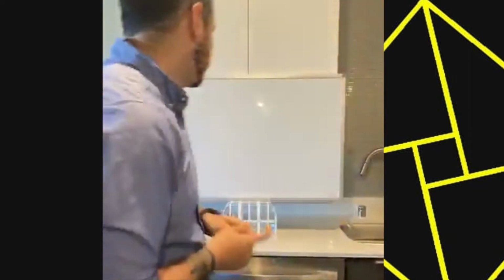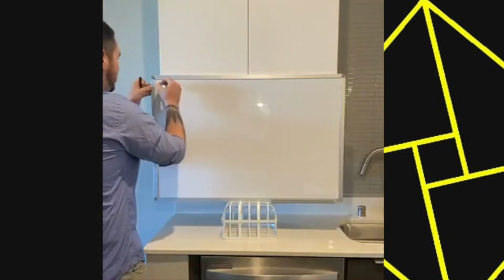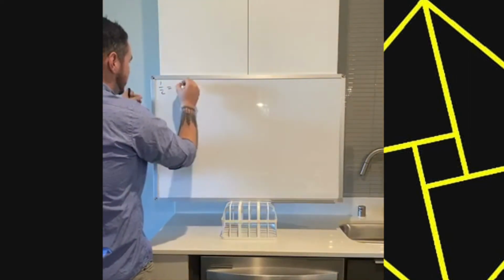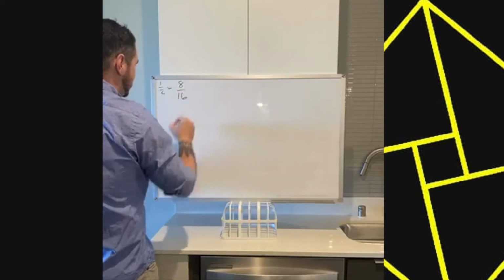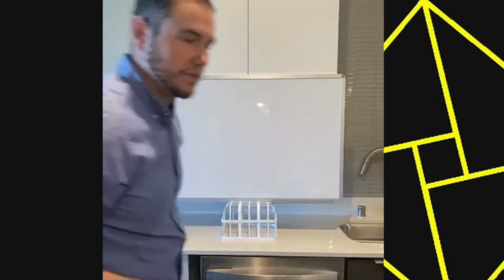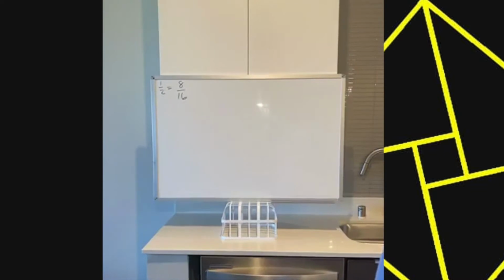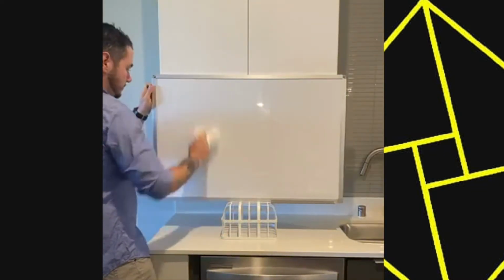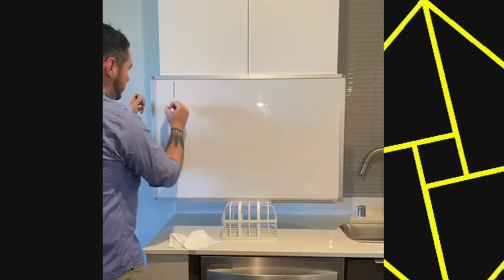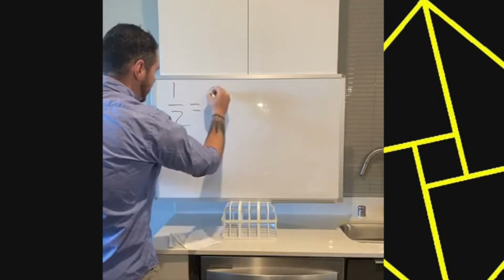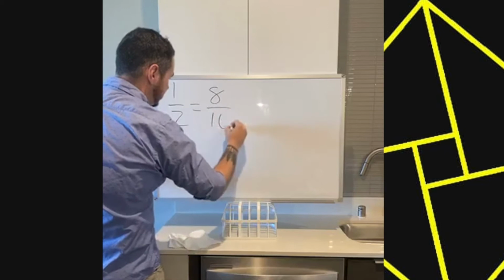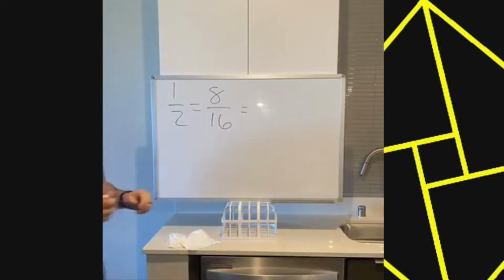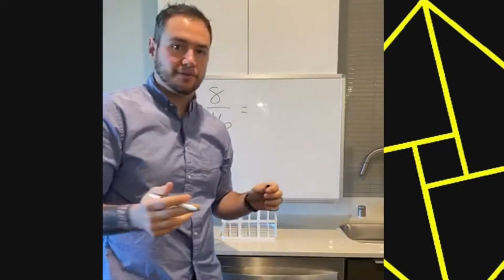So the idea here is that 1/2 equals 8/16. Let me write that a little bit bigger. Alright, so 1/2 equals 8/16, which is also equal to another half fraction that's popular.